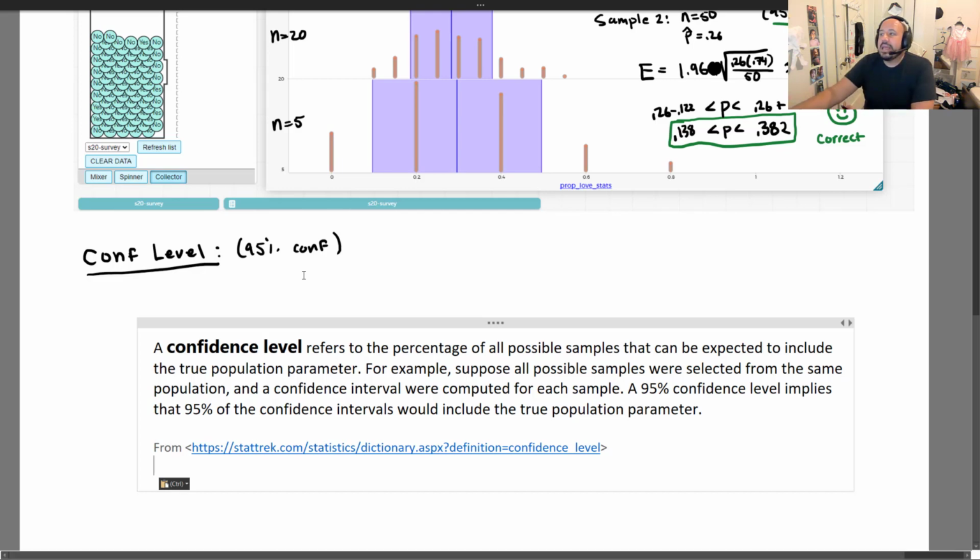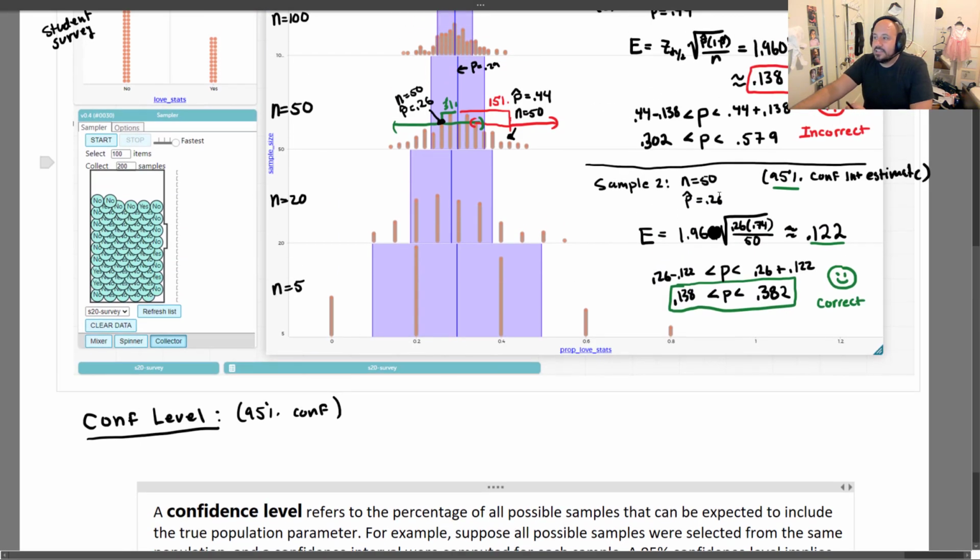Now, what does that mean? Well, in this case here, because that percentage was close to the true value, when I built in my margin of error, the true value was inside that particular interval. And so this is what they mean when they say that it contained the true population parameter.